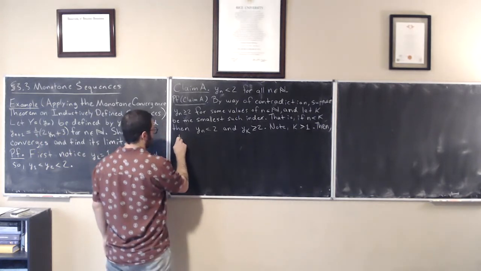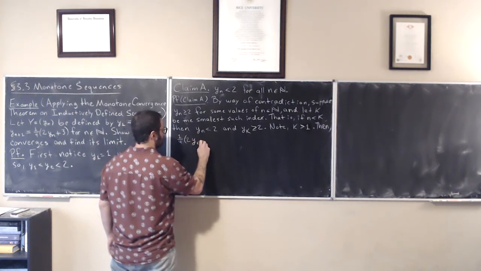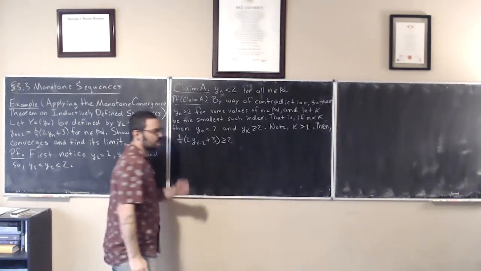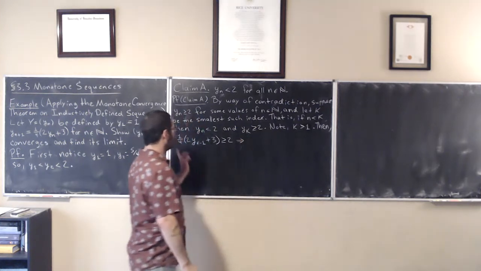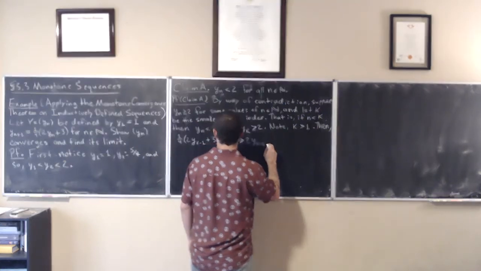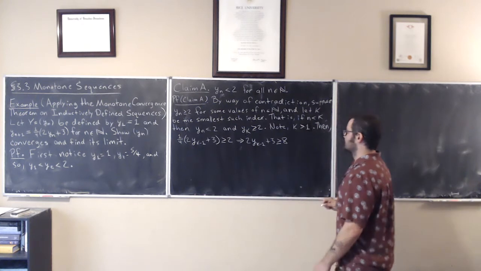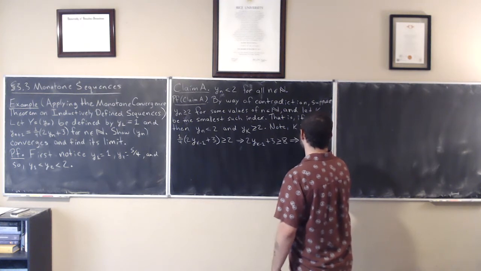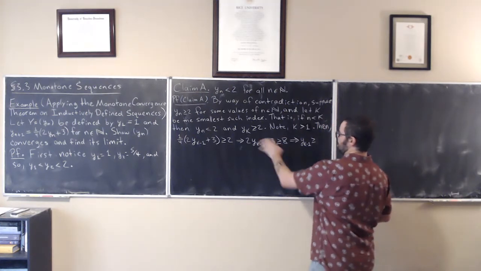So then 1/4 of (2 times y(k-1) plus 3) is greater than or equal to 2, which implies, multiplying both sides by 4, that 2y(k-1) plus 3 is greater than or equal to 8, which, if you solve for y(k-1), implies that y(k-1) is greater than or equal to, so 8 minus 3 is 5, halves.